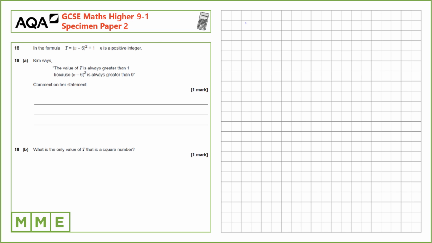If we select n is 6, then t will be (6 minus 6) all squared plus 1. 6 minus 6 is 0, and 0 squared is 0, and 0 plus 1 equals 1. Kim claimed that the value of t is always greater than 1, however in this case the value of t is 1. So her statement is false. And that's all we need to do for that mark.